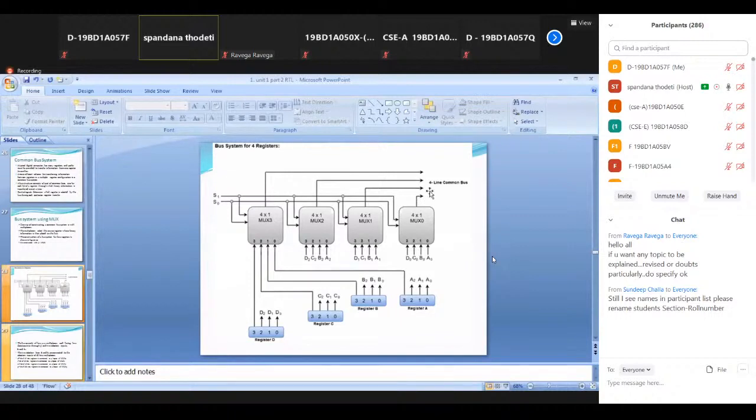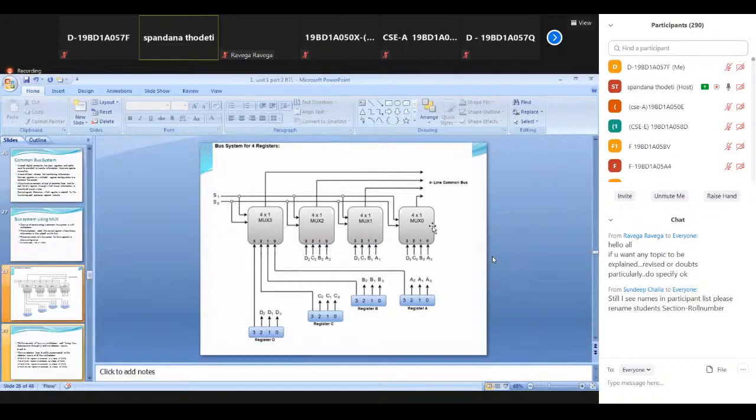Now here I am considering 4 registers. So consider 4 multiplexers, 0 to 3, because we are considering registers of size 4. Multiplexer means multiple inputs are given and a single output. What is the size of the multiplexer? Here I am considering the size of the multiplexer as 4, because the number of registers is 4.